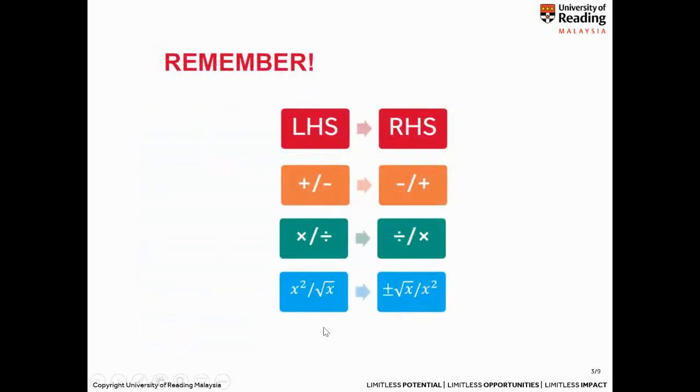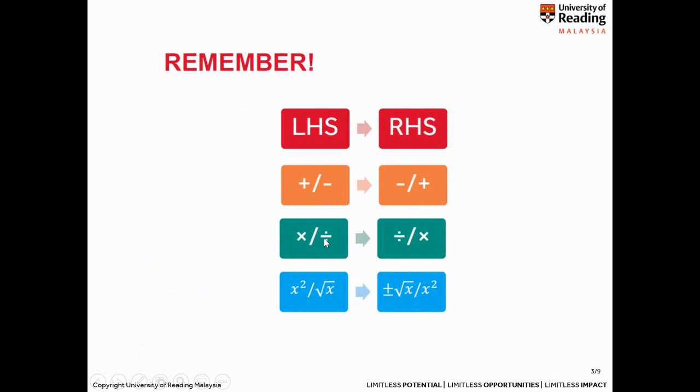So this is a guideline for you to transpose an equation, from left hand side to right hand side or right hand side to left hand side. When you bring a term that is plus to the other side, it becomes minus. So minus brought over to the right hand side becomes plus. If it is a coefficient or something multiplied, when you bring it to the other side, it becomes divide, or sometimes we write it as the denominator of a fraction.